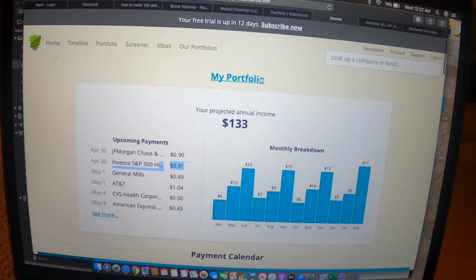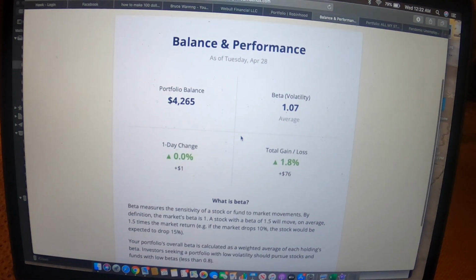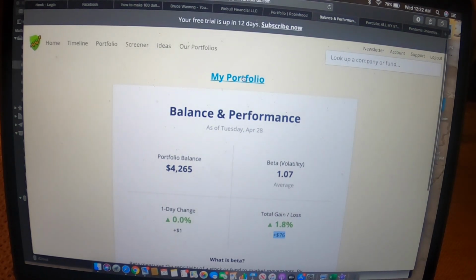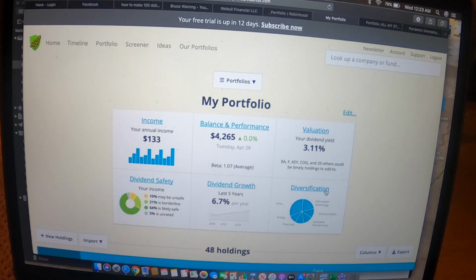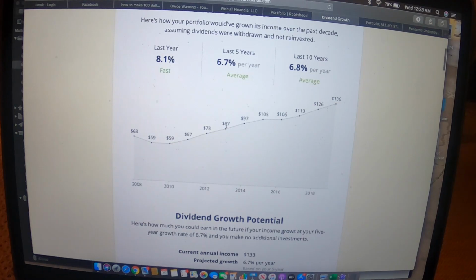If we go back to the portfolio, the balance sheet shows you the overall balance of the portfolio for today's date, obviously. This is what you have today, $76. If I go back to the dividend growth section, it shows last year, 5 years.